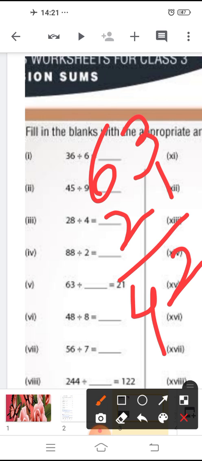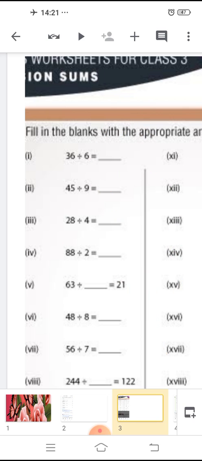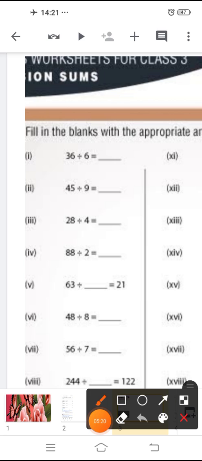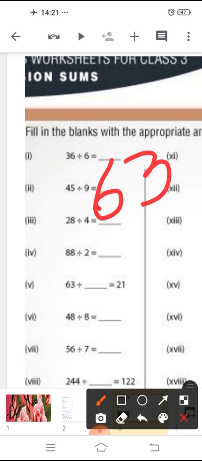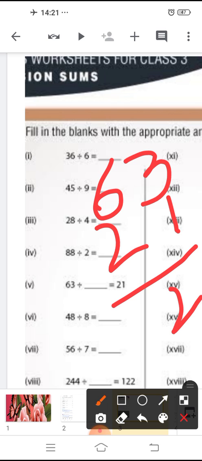Means if we add something, that will give you 21. So if we take 63 here, that will give you a minus sign, or 21 if you are taking it here. So what can you do, 63 minus 21, that will give you 42.